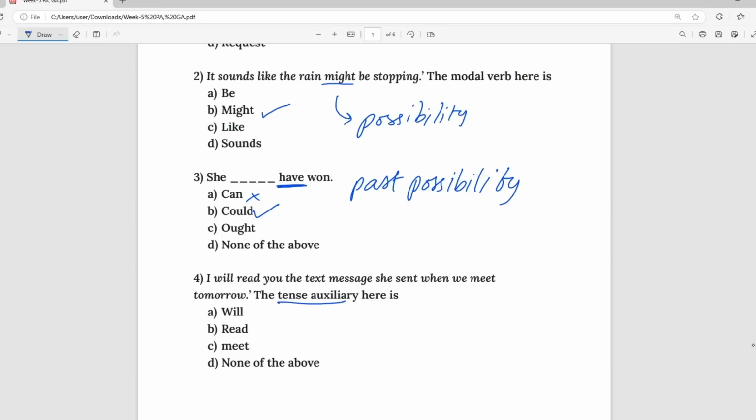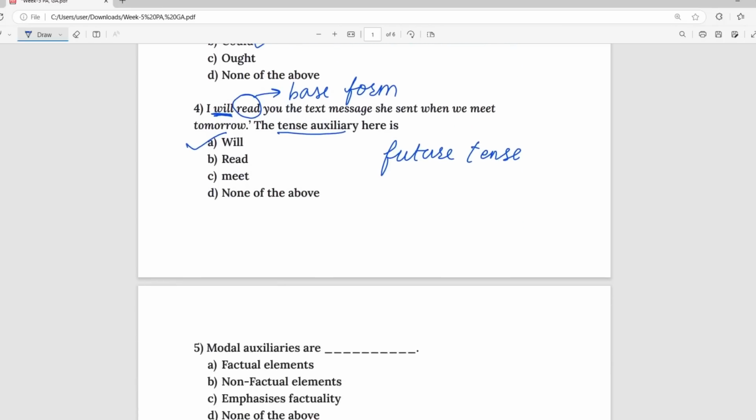Will. Why will? Will is a modal auxiliary verb used to indicate future tense in the sentence. The main verb read is in its base form. And will here is what establishes the future tense. So the answer is will.